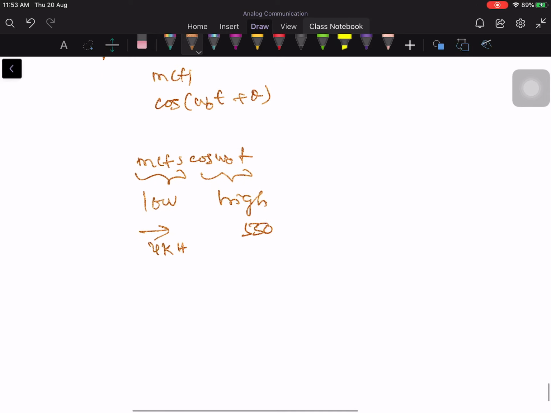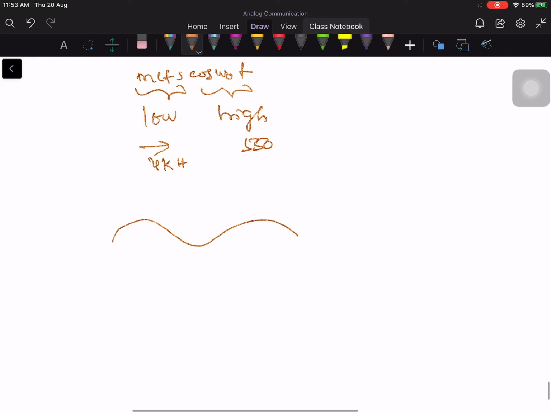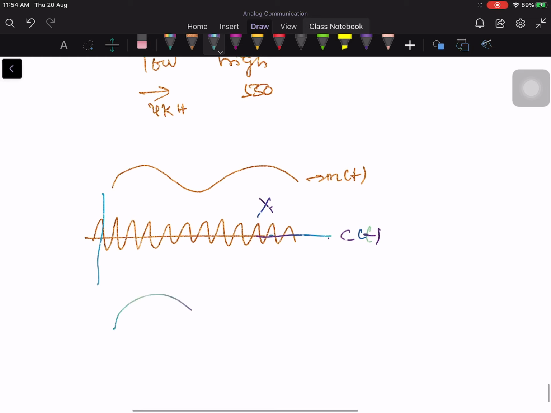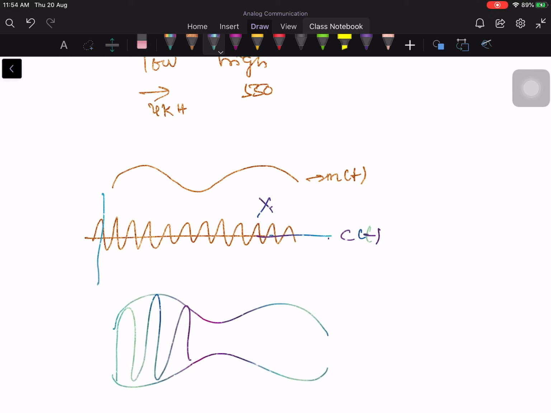Let's say your signal is slowly varying like this, and you have another signal which carries high frequency, it keeps on changing like this, a cosine wave like this. Now this is your m of t, and this is your c of t. Multiply these two signals, then what will happen? Your carrier will vary between these two like this.